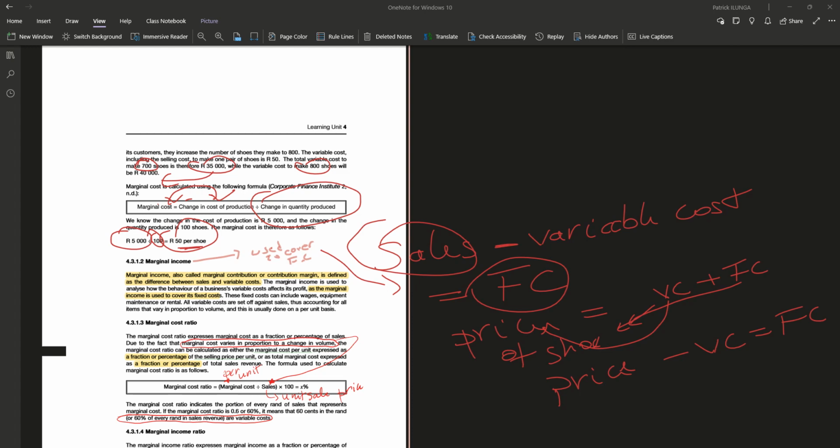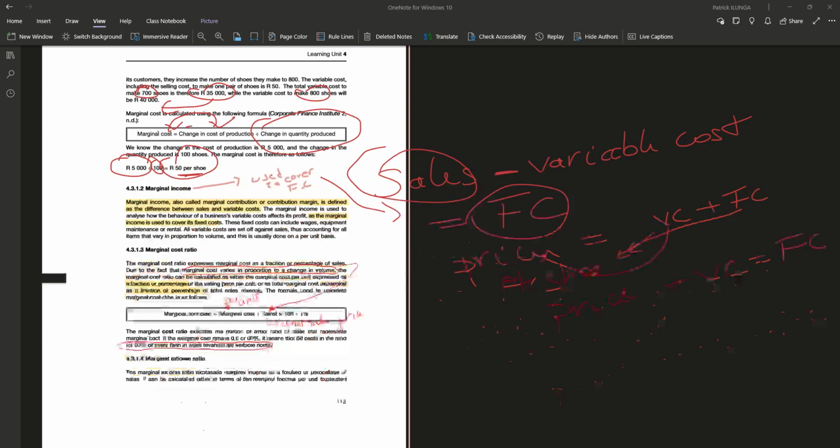And why is that? Because that marginal income is used to cover the fixed cost. All variable costs are set off against sales, and that accounts for all items that vary in proportion to volume. And this is usually done on a per unit basis. So remember again, margin, that's tiny margin.